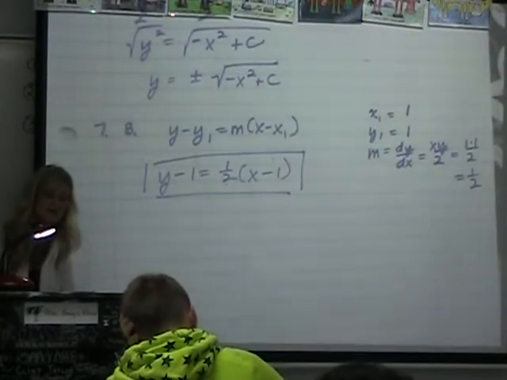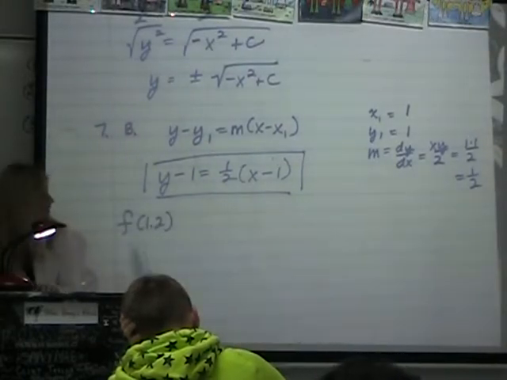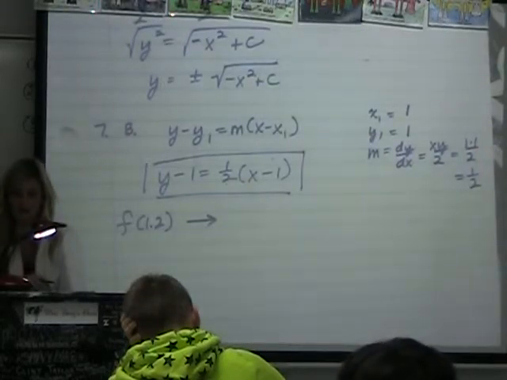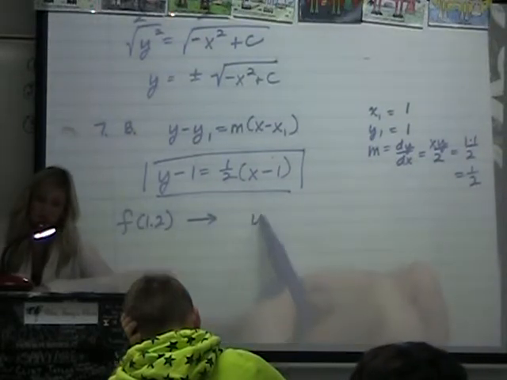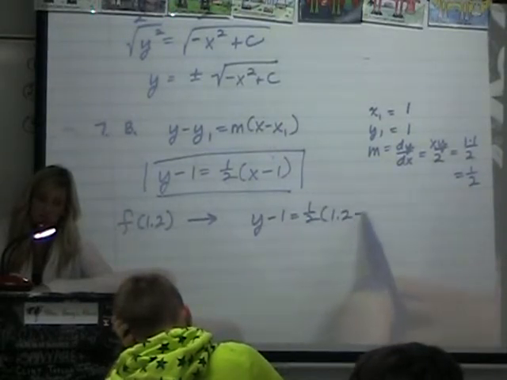The second part says use your tangent line to estimate f of 1.2. Well, what does f of 1.2 mean? You're plugging in 1.2 for x and solving for y. So I say y minus 1 equals a half times 1.2 minus 1.